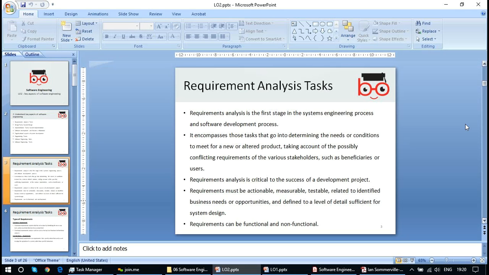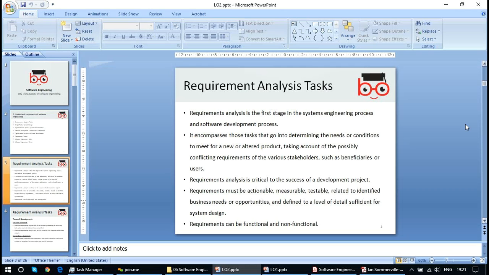Can you recall what the difference is between the functional and the non-functional requirement? The non-functional was the requirements of the system, wasn't it? And the functional is actually what it does. Can you restructure your answer again? Is it the other way around?